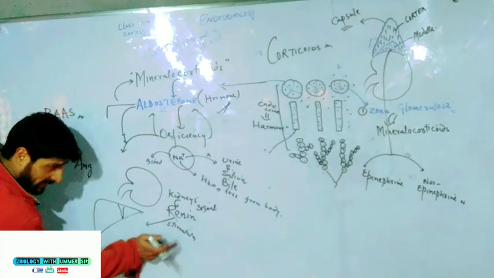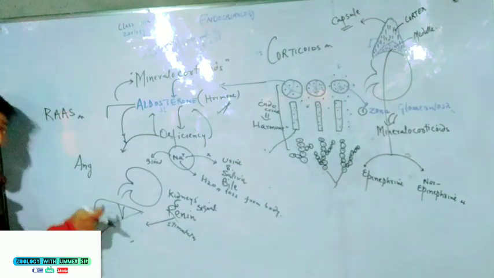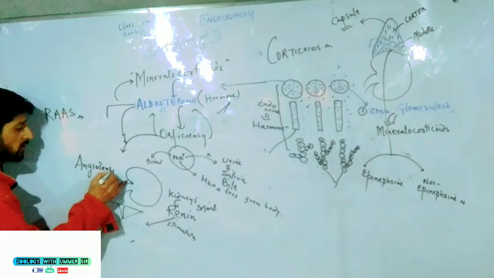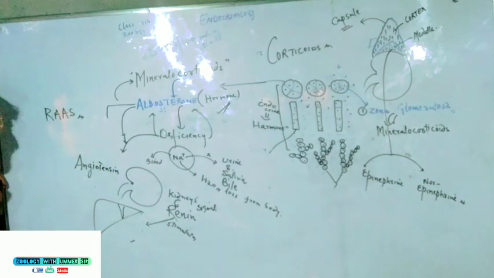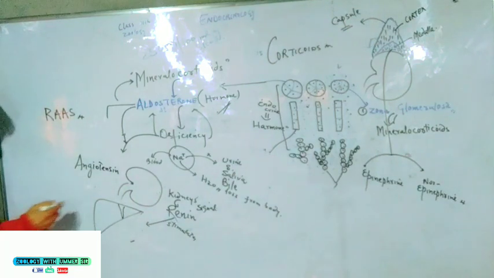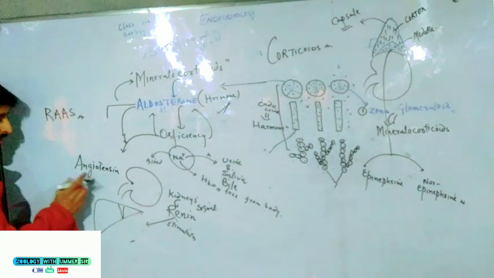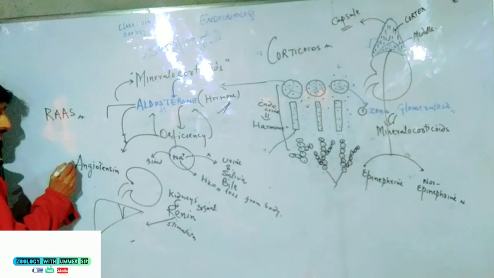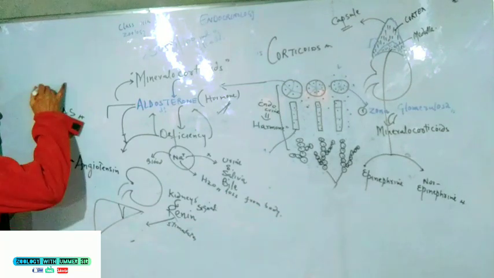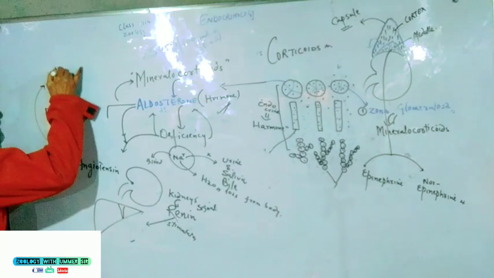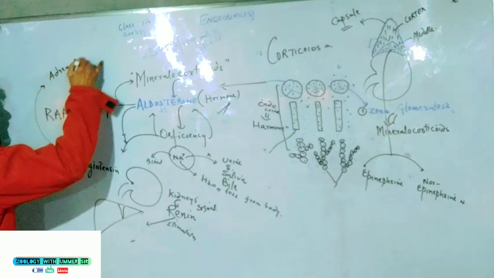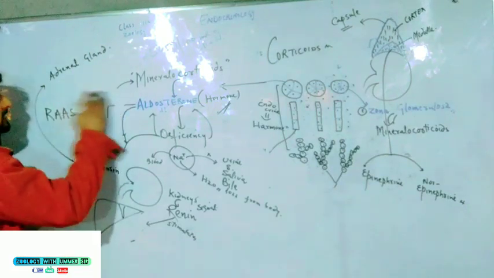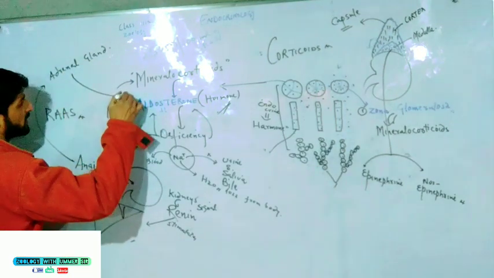It is this renin that stimulates the liver, and from the liver angiotensin is produced. It is this angiotensin that stimulates our adrenal gland, and from the adrenal gland the aldosterone hormone is produced.